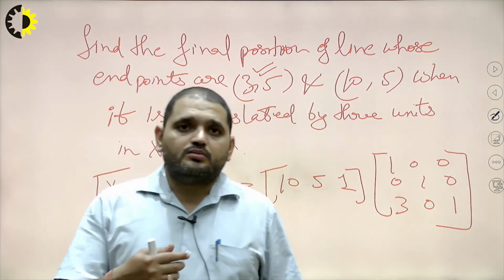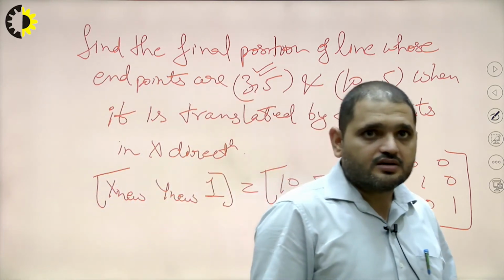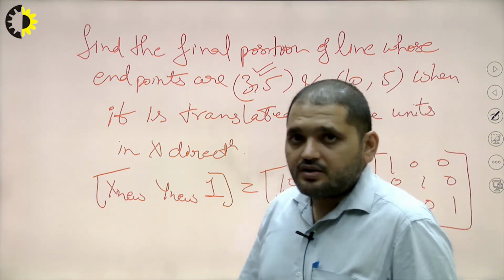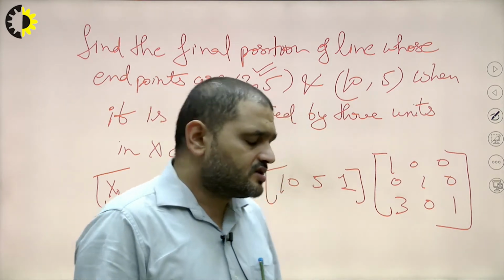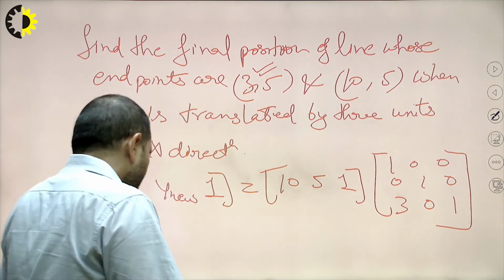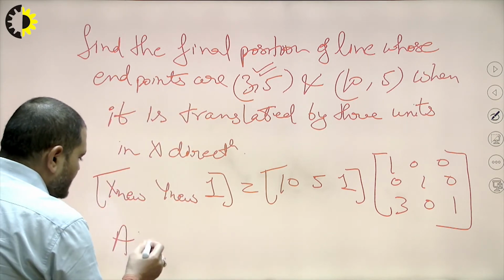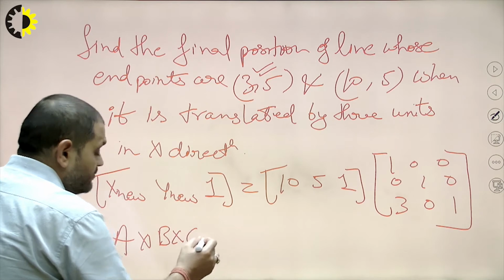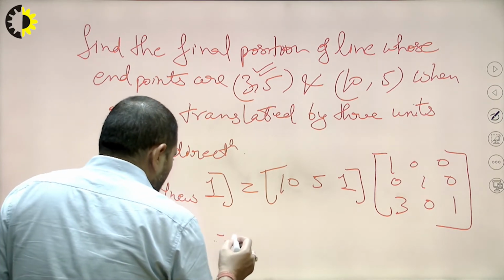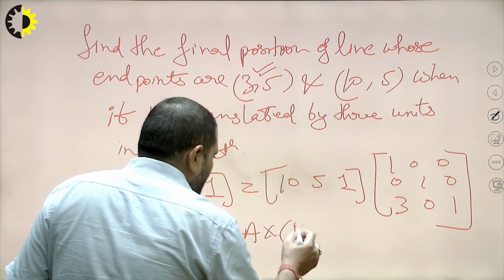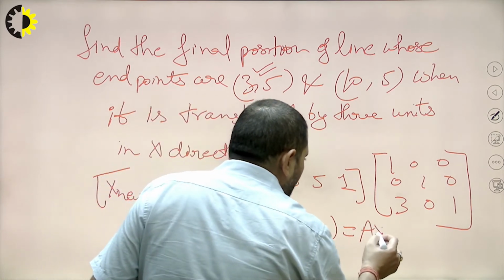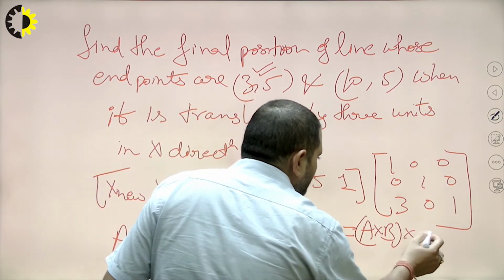Now, if we have to do multiple transformations on the same point, we use a concatenation matrix. The concatenation rule is that A into B into C, in matrix form, is equal to (A into B) into C, or it can be equal to A into (B into C).